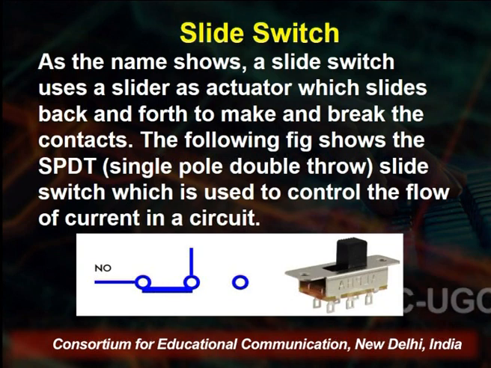The following figure is of the single pole double throw slide switch. Sometimes you see throw 1, 2, 3; this slide switch will be used for controlling double or 3 throws, which is used to control the flow of current in the circuit.